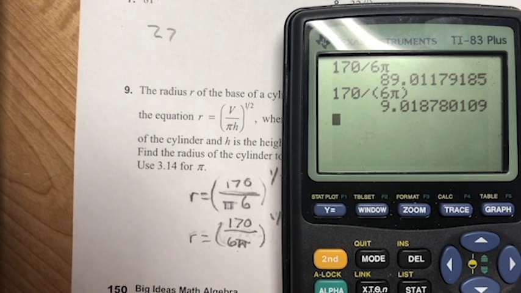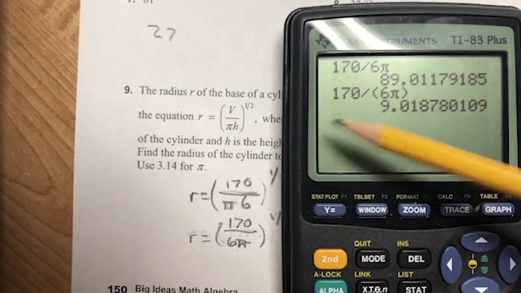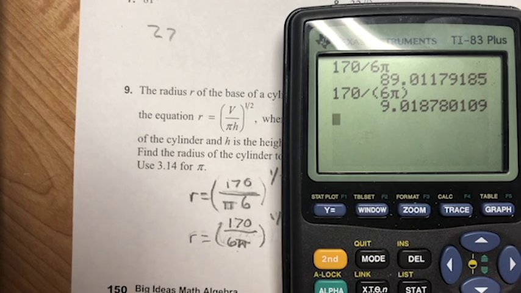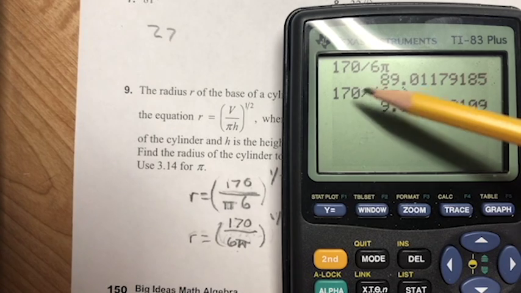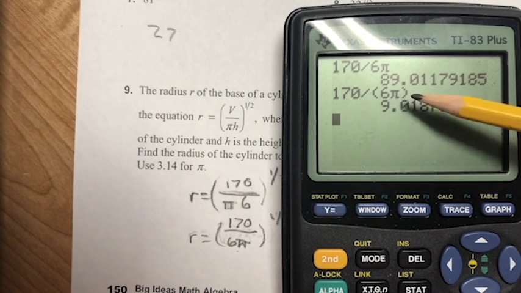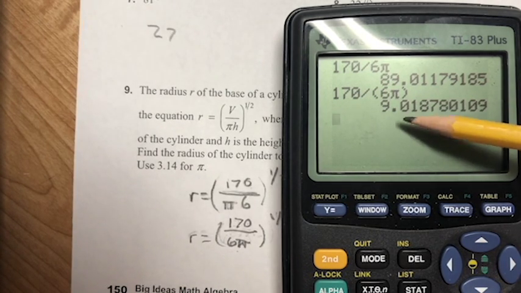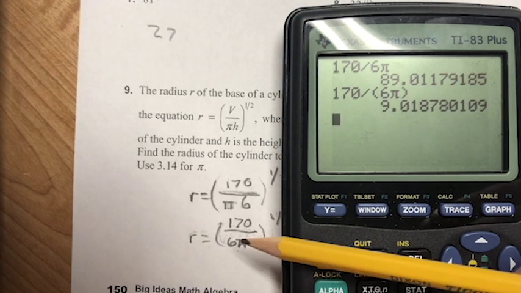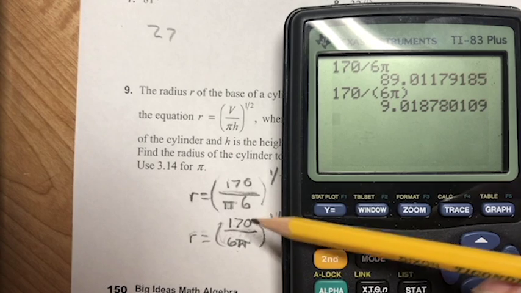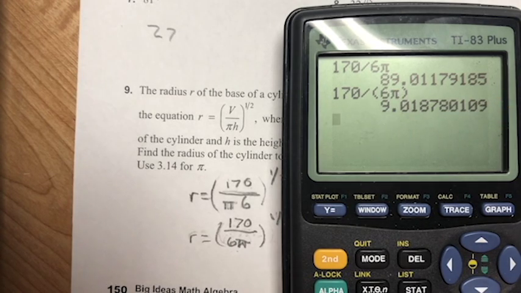And when I enter this time, I get this. Now, the second one is the one that is correct, because I have to find out what 6 times pi is first before I can do my division. So I do 170 divided by 6 pi, and I get this number. So that's one reason why when you go to put this in your calculator, because this is more important than just the 170, we need to put it in parentheses. Otherwise, it might mess you up.